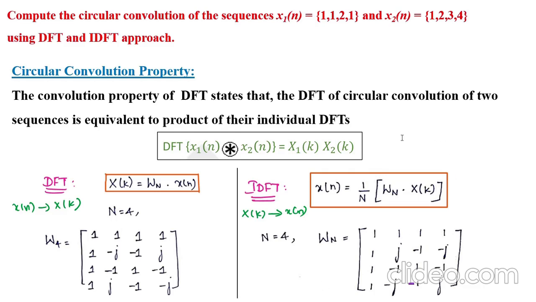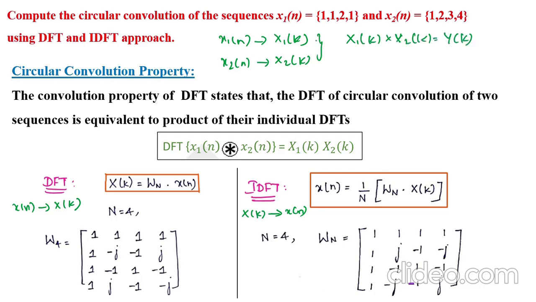Now coming to the question, here they have given two sequences. In the flow of the question, initially we will be converting this x1 of n to x1 of k and this x2 of n to x2 of k, and we will be multiplying both, that is x1 of k multiplied by x2 of k, which is equal to y of k.